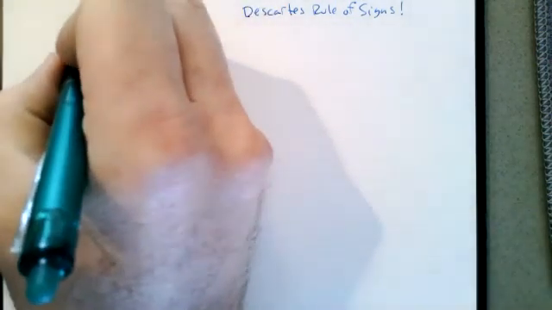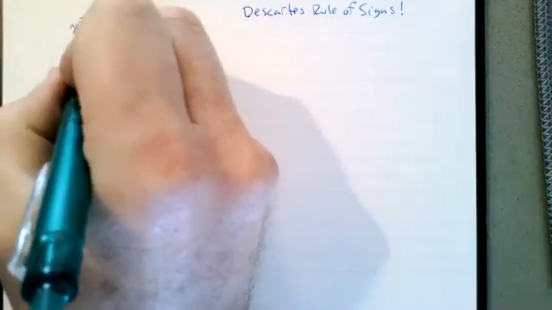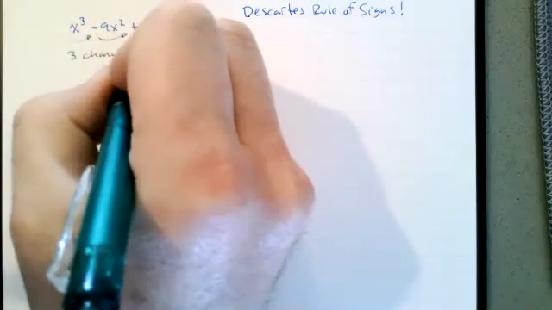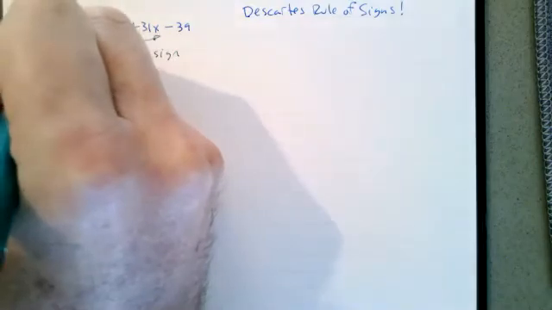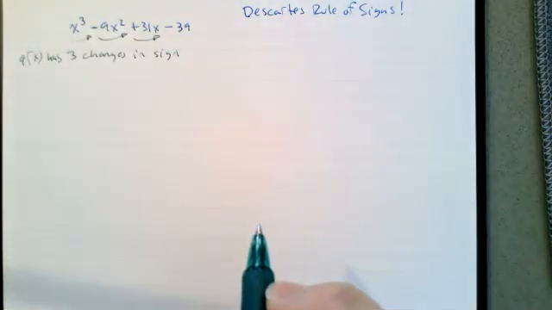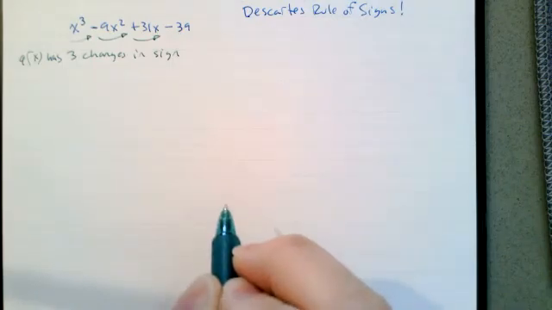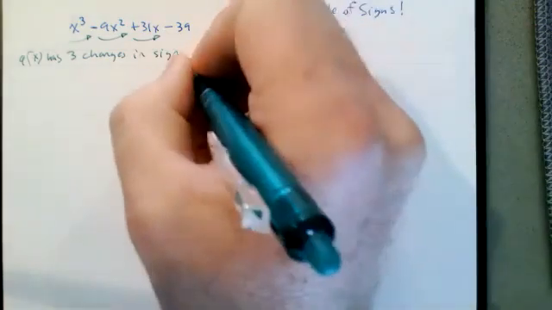He said there are 1, 2, 3 changes in sign. So Q of X has 3 changes in sign. So Q of X has 3 or 1 positive real zeros.